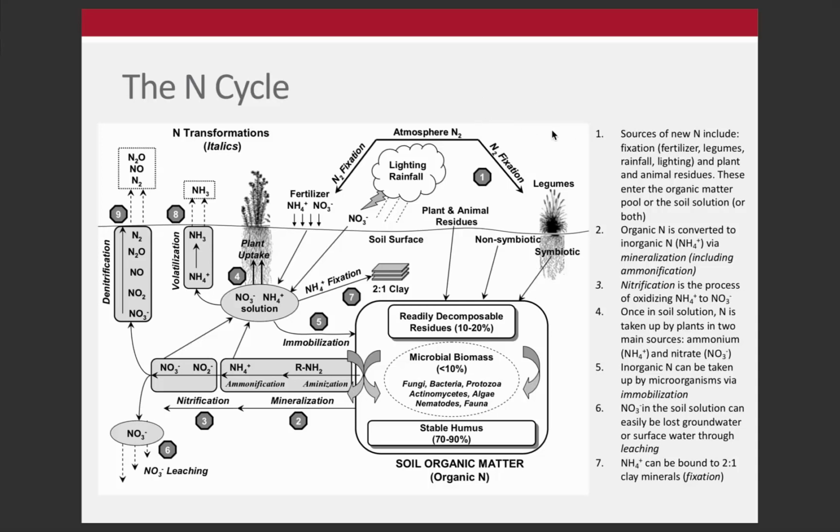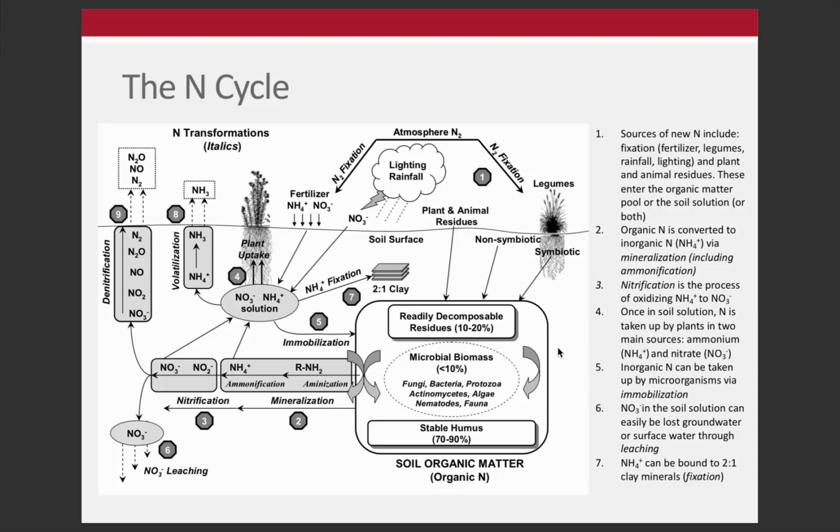You've likely seen it before, but we have sources. We have new sources of nitrogen, okay? We just talked about these: fertilizer, legumes, lightning, rainfall. These are ways that nitrogen, quote unquote, enters our system, and we're going to draw this box around the soil system to make it convenient, okay?